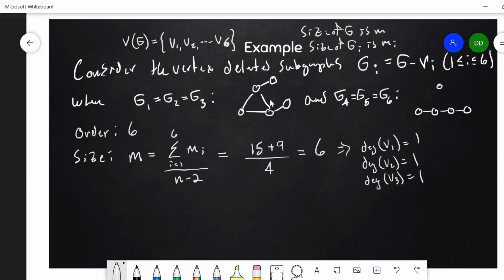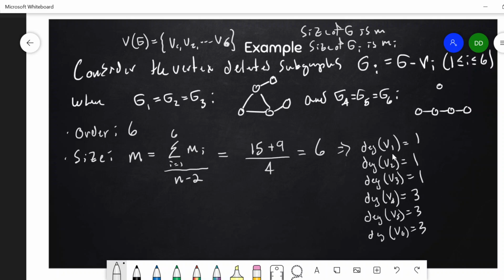Those degrees must all be 1 in order for the original graph to have size 6. And then I can also surmise the degrees of V4, V5, and V6: they must be degree 3. So I have some good information here from the vertex deleted subgraphs. We determined its order, its size, and the degree sequence of the graph.